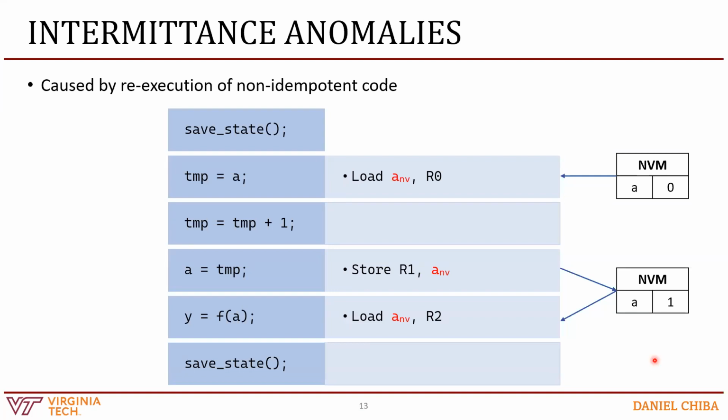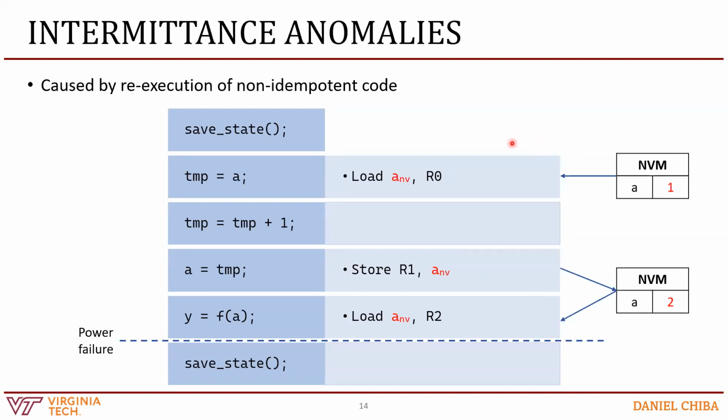So this is normal continuous operation. But if there's a power failure before this state save operation here, when the device restarts, what happens is we wrote A equal to 1 to non-volatile memory here.